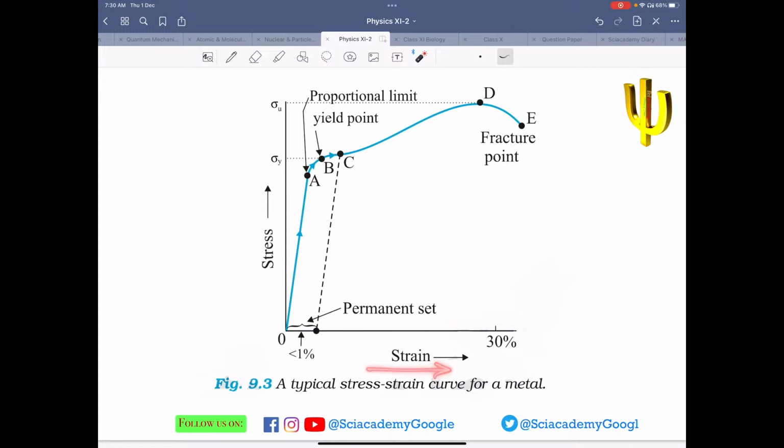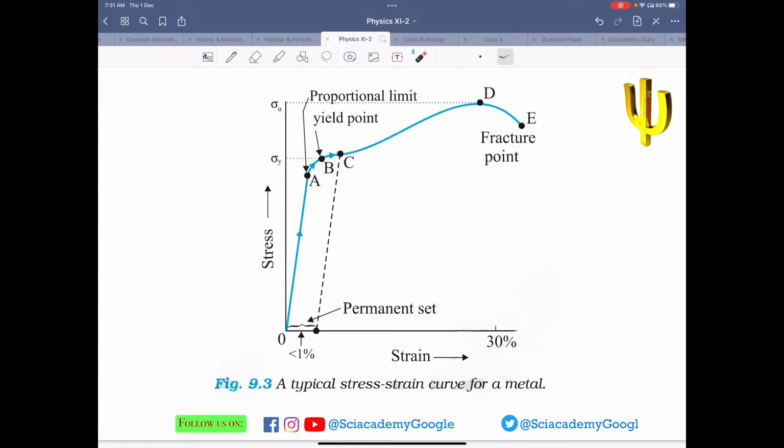That means if we plot the strain along the x-axis and stress along the y-axis, then for a certain range, that is 0 to A, suppose this is point O, so OA, the stress strain curve follows a linear path. That is, proportionality is being respected.